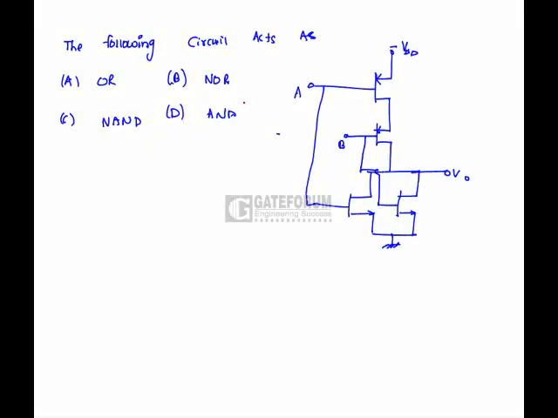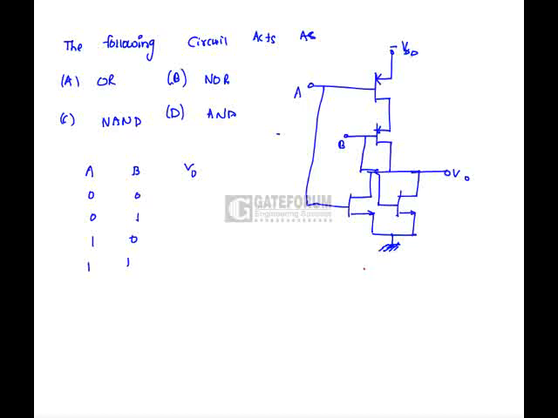For the following circuit, write the truth table for this network. How many possible combinations are there for the two inputs? There are 4: 0 0, 0 1, 1 0, 1 1. Out of AB, if one or both of A and B are 1, then the output is going to be 0, because the NMOS transistors are connected downside, with the sources of the NMOS transistors connected to ground.